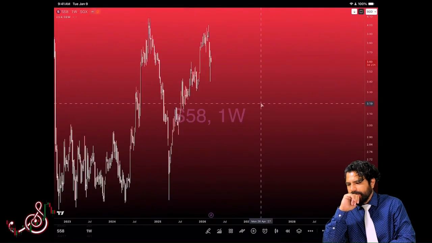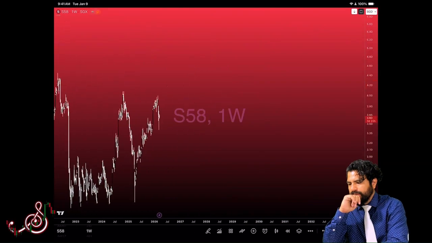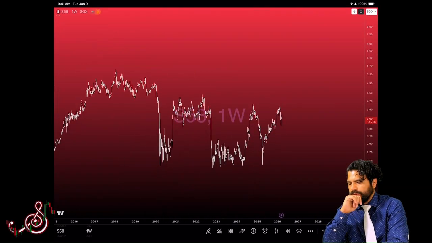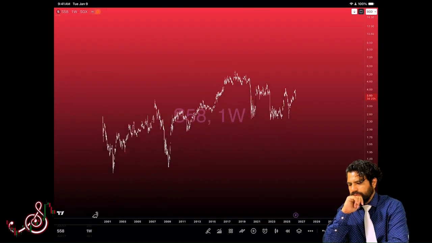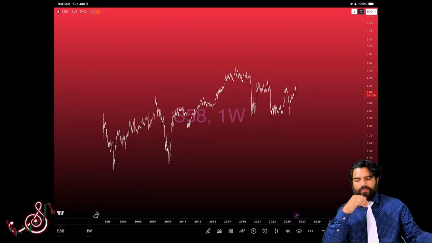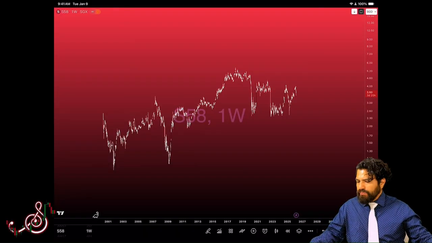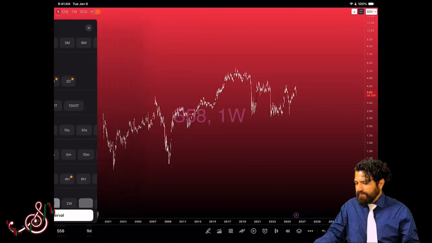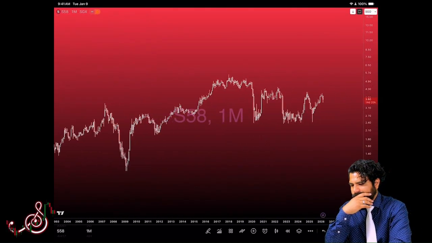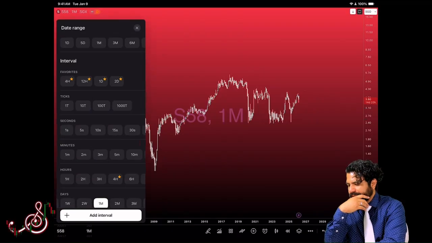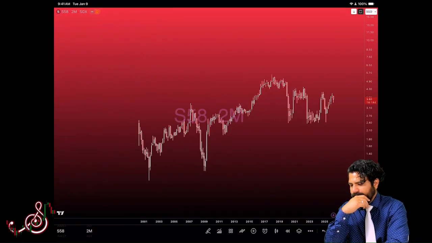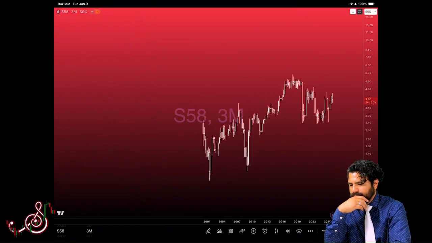SGX exchange. Yeah. I'm going to go all the way to a 1 month chart. And then I'm going to go to a 2 month chart. And I'm going to go to a 3 month chart.